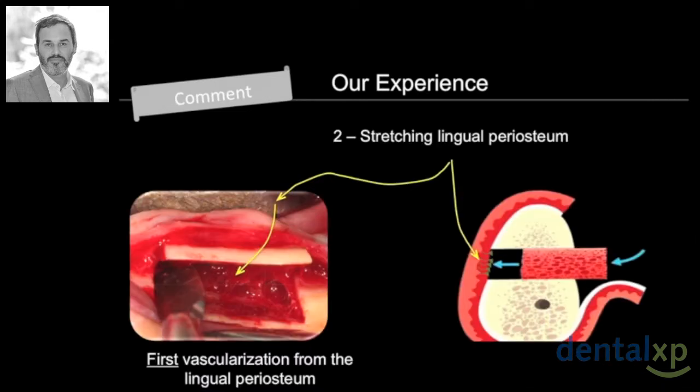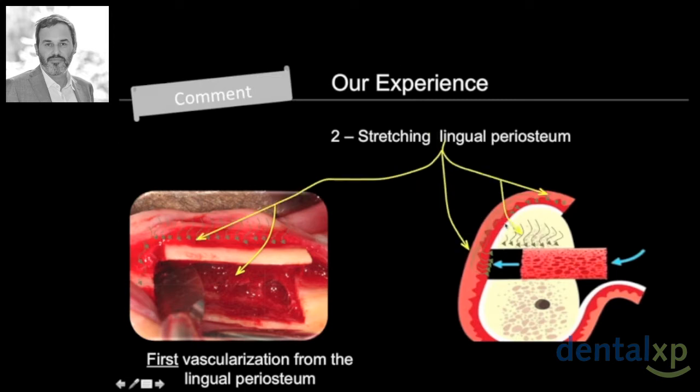In these conditions, the bone block will receive its first vascularization from the lingual periosteum here. That in turn will vascularize the coronal segment, like in this area.